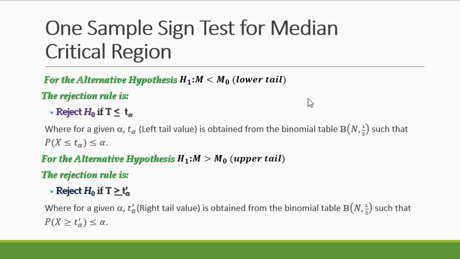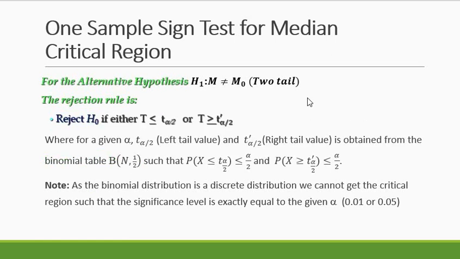And if H1: m greater than m0, we reject H0 if T is greater than or equal to T dash alpha. These T alpha and T dash alpha values are obtained from the table.